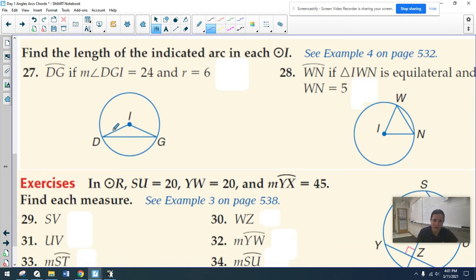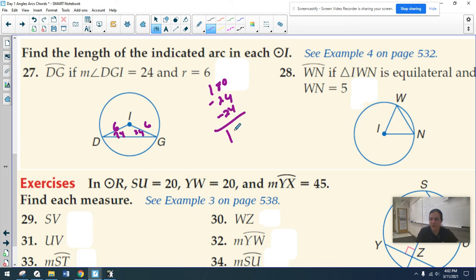Okay, these 2 down here are the 2 that I was telling you we're going to need the formula for. So it says I need to find DG if DGI is 24, and my radius is 6. So all the radii are 6. Now, if I have equal sides in a triangle, then this is also 24. So you can find that one little tiny missing angle in the middle if I subtract the 24s.